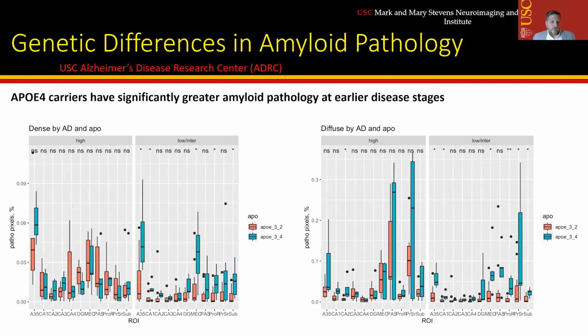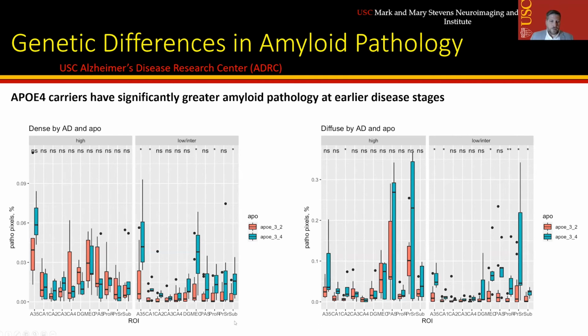And what we found is that when we quantify all of this pathology, the dense amyloid pathology and the diffuse amyloid pathology, and also looked at the high cases versus the low and intermediate cases, many of the subregions in the low and intermediate cases of Alzheimer's disease show elevated levels of amyloid in the APOE4 patients, suggesting that this corresponds with the higher onset of Alzheimer's disease that these patients experience, or the earlier onset of the disease.